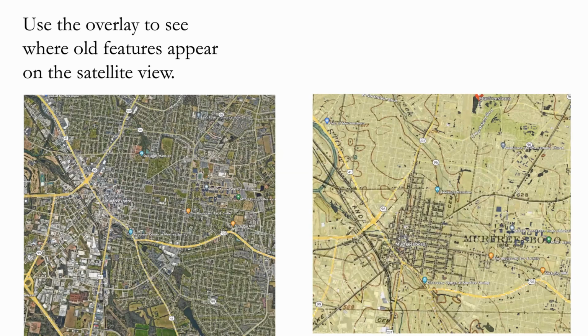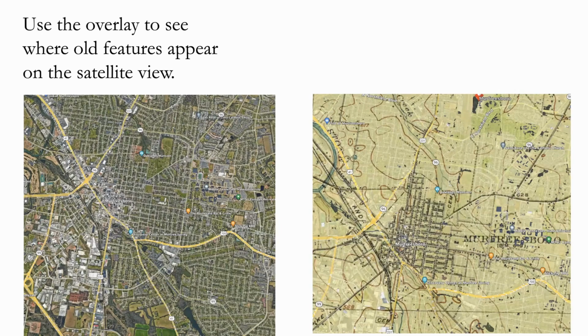So here on the left-hand side, we have the current satellite view, and on the right-hand side, we have the old cemeteries marked. Now, the question is, where is the cemetery on the satellite view? Because there doesn't appear to be anything particularly that marks a cemetery. So we overlay the map on it, and then we can see fairly accurately.